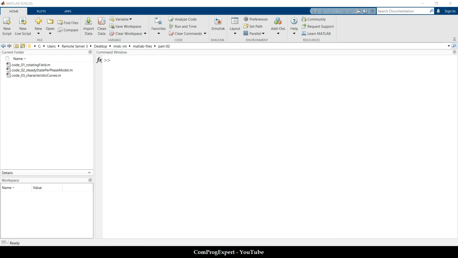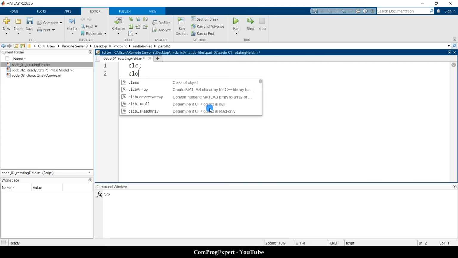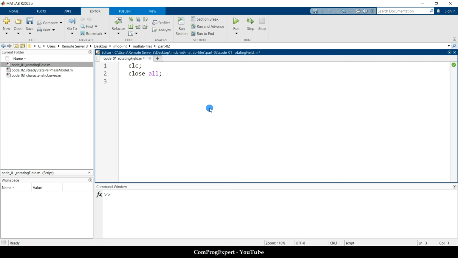Now I am going to write a MATLAB code to visualize the rotating field generated by the stator winding. Here, let's write this code: clear the command window, close all available figures, and clear the defined variables.